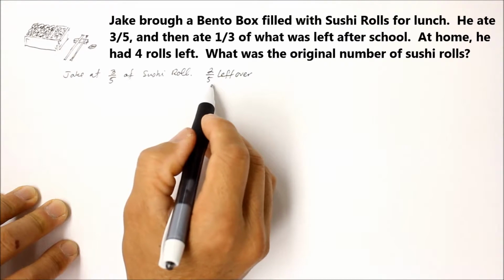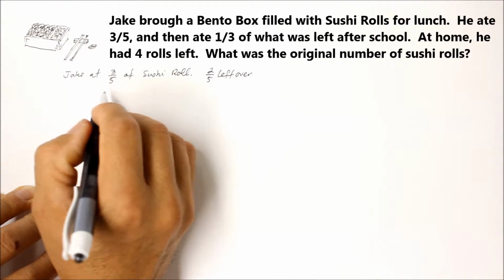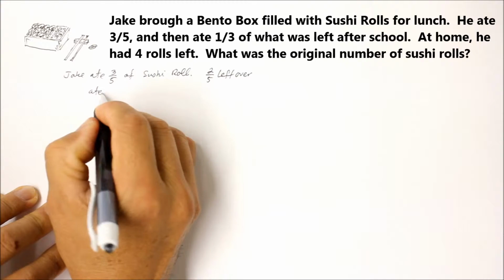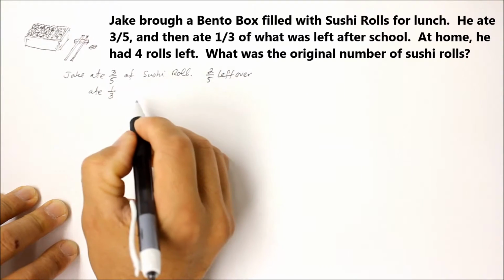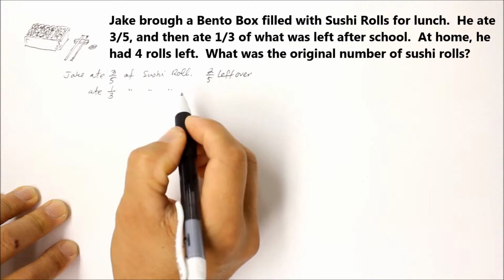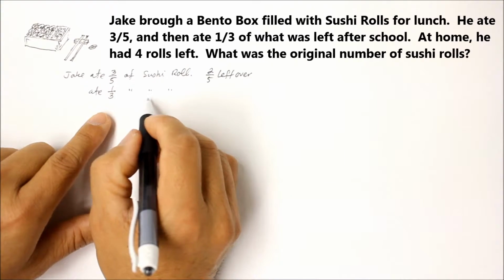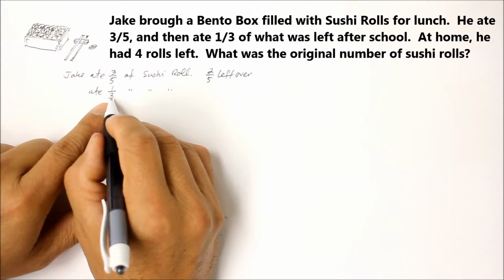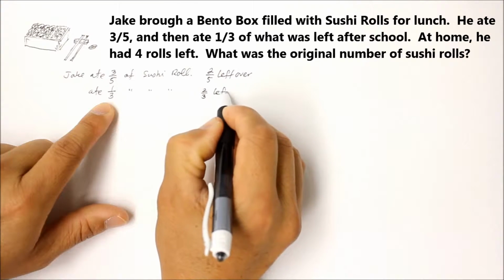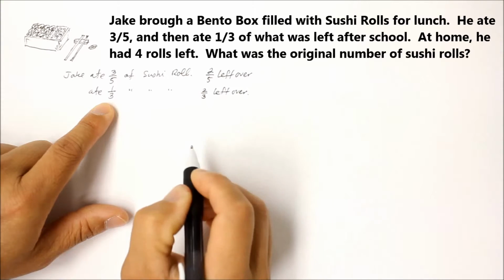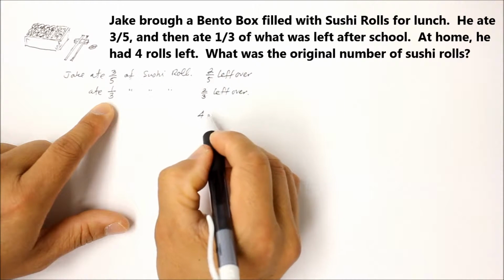And then of that 2/5 left over, later he ate on his way home as a snack 1/3 of that. Well, doesn't that mean if he ate 1/3 of it that he would have 2/3 left over? And at the end, there are 4 pieces remaining.